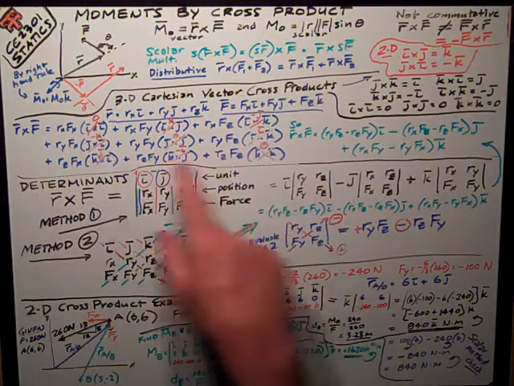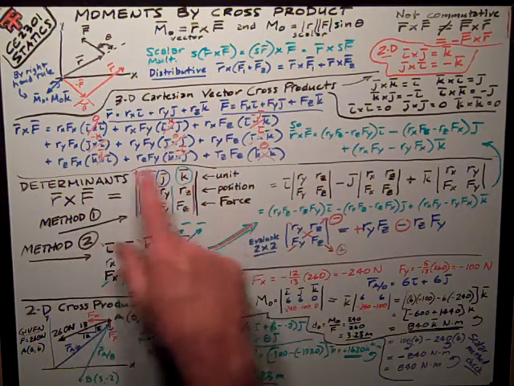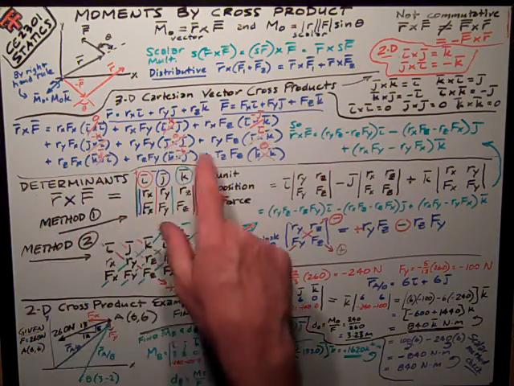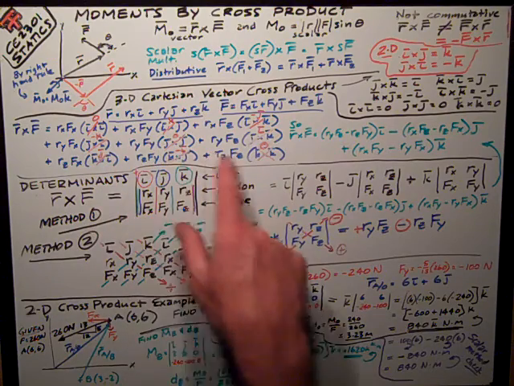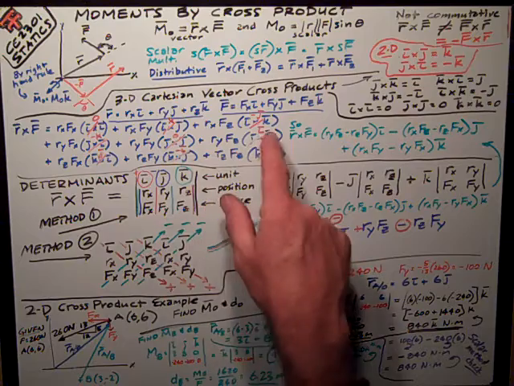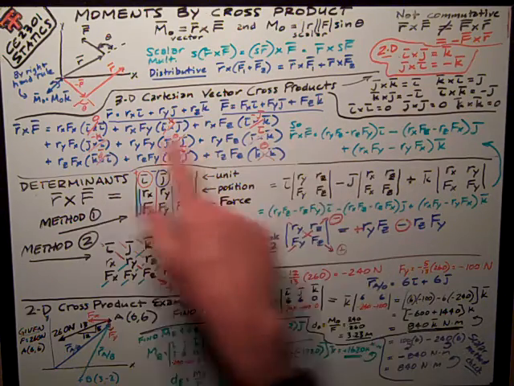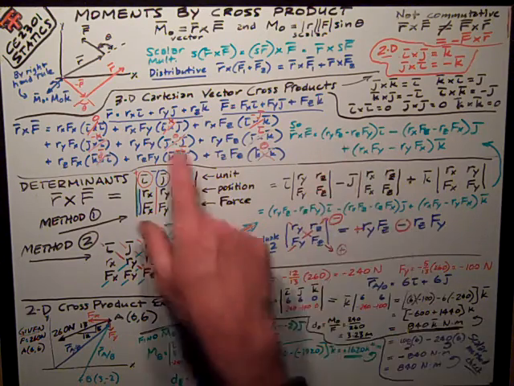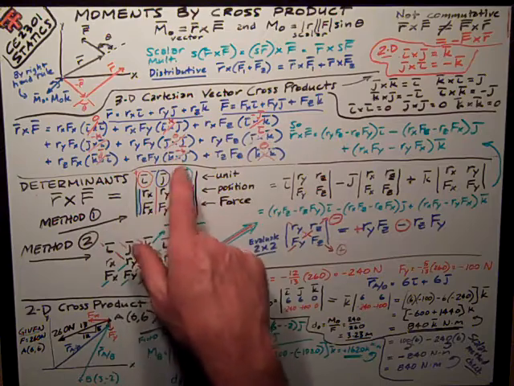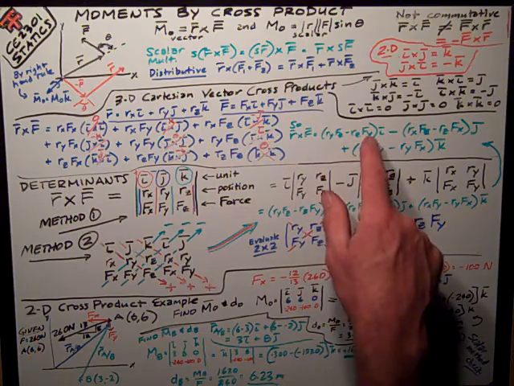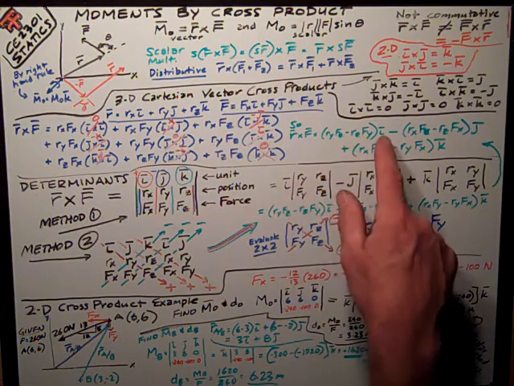And I extend that on out, keep doing that with all 9 of my terms, and I can eliminate the ones that are 0, these 3, i cross i, j cross j, k cross k, and I can combine my k terms, my j terms, and my i terms, and I can rewrite this whole thing as r cross f is equal to ry fz minus, because I get a minus sign up here, there's where my minus is getting in there, rz times fy, the whole thing times the i.